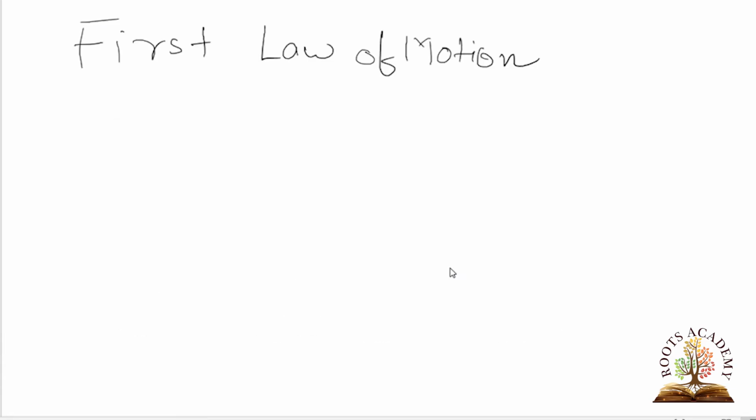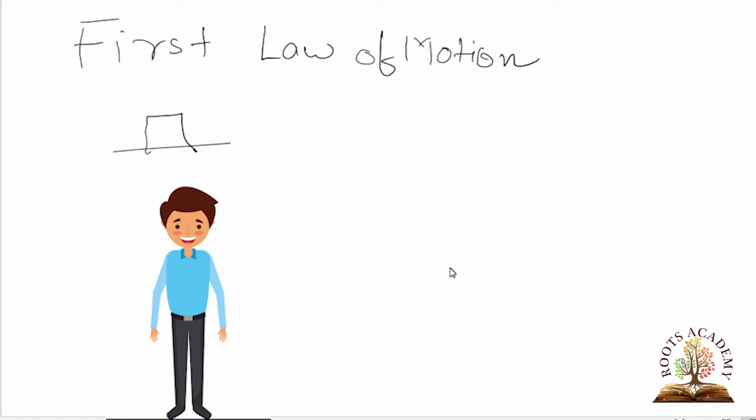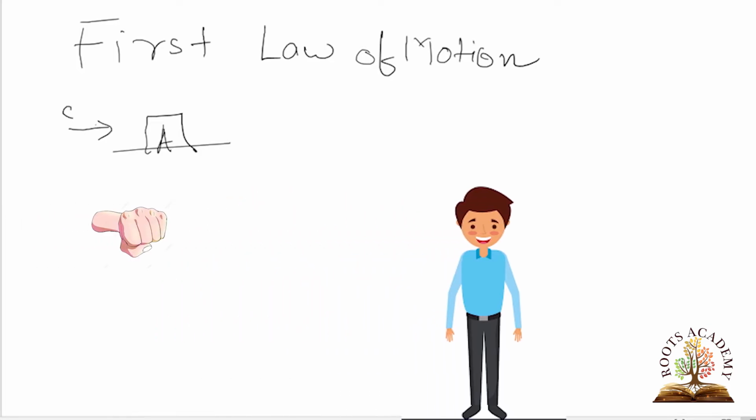So Newton's first law stated that if an object is in a state of rest, for example, if we are standing, we will keep on standing. Or let's suppose an object A is placed on a surface on earth, it will stay in that position unless and until there is an external force.